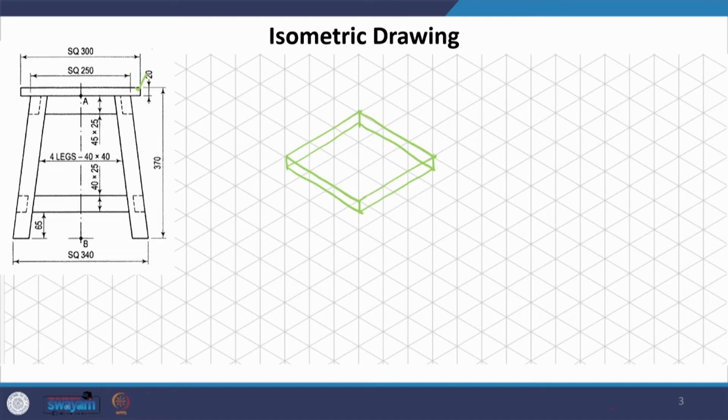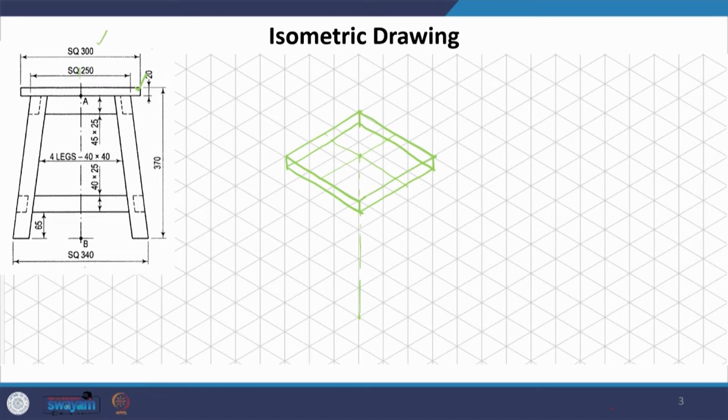Now, the legs in the top, or we could also draw the square in the bottom. We can, this is the central axis. If you look at the top one, this is where the center of the top square is, and you can take it down. This was 300.